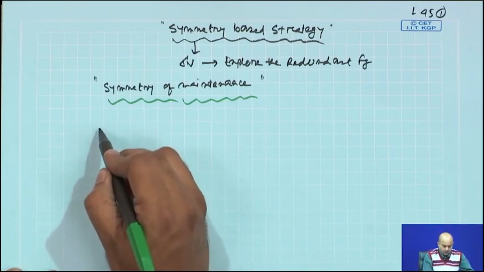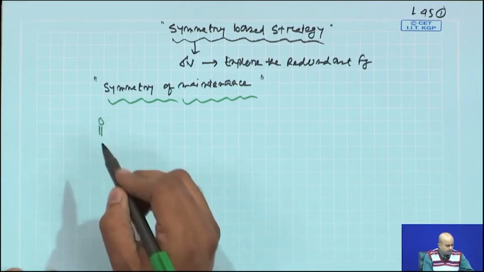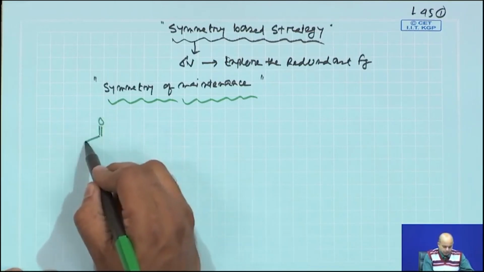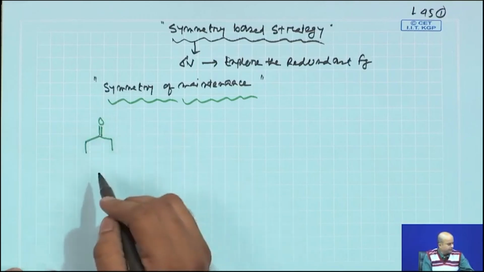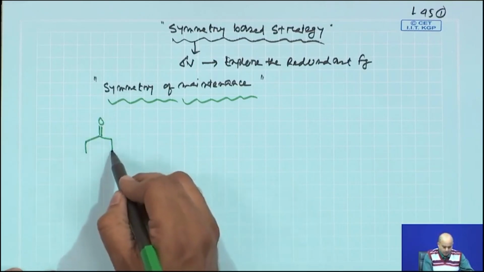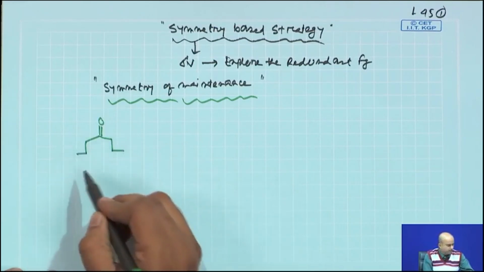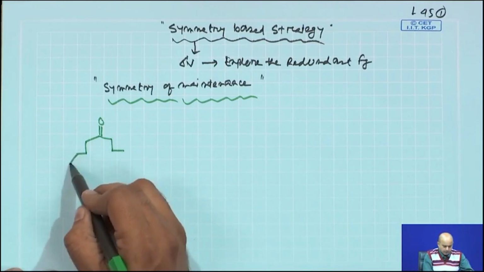In the very beginning we will talk about a natural product which is also a perfectly sigma v containing molecule, and the structure we need to be a little bit careful.